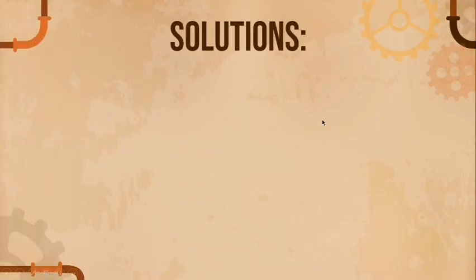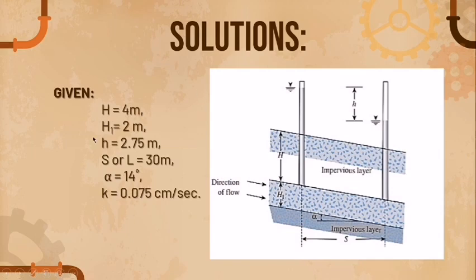So since we have this given, by proper designation of the values from here, I did manipulate the problem easily and smoothly. So H here, this is the 4 meters, the H sub 1, this is the 2 meters, this dimension, and the small letter h here is considered the height, this is 2.75 meters, the distance.